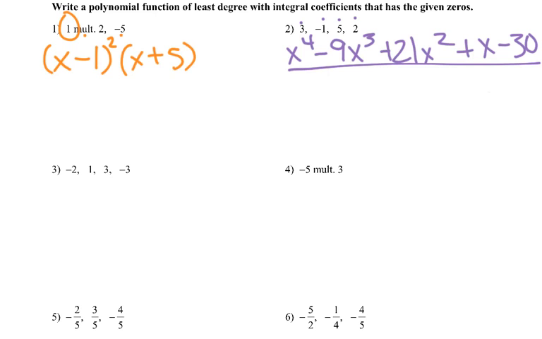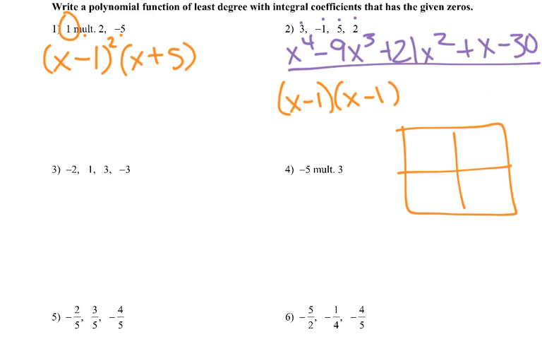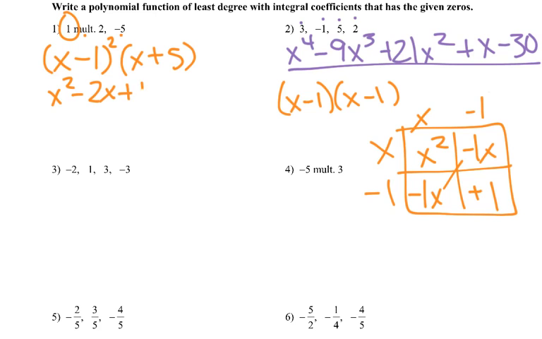So x minus 1 squared, okay, it's like x minus 1 times x minus 1. Okay, x minus 1, we get x squared, minus 1x plus 1. So I'd end up with x squared minus 2x plus 1.